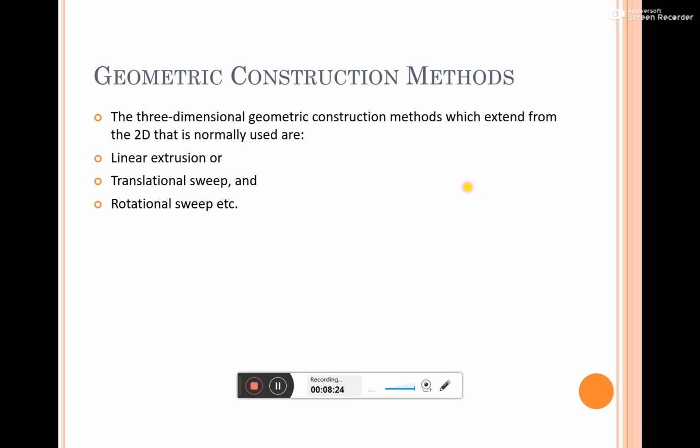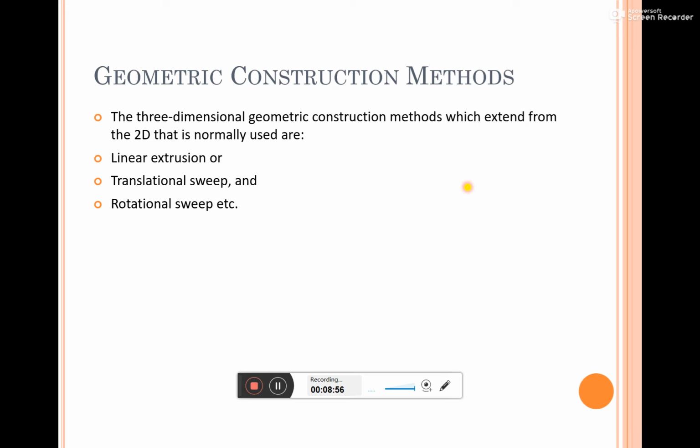Okay, to represent three-dimensional objects, sorry, we can represent the three-dimensional views by using these features, which are available in different CAD softwares. We can use the extrusion, that is linear extrusion, or the translational sweep, or the rotational sweep.